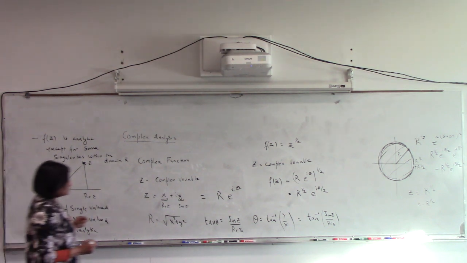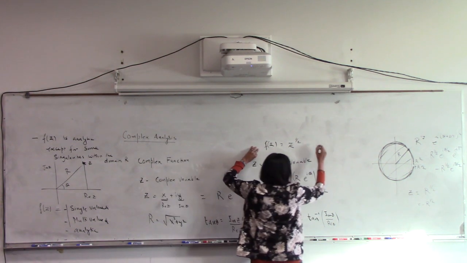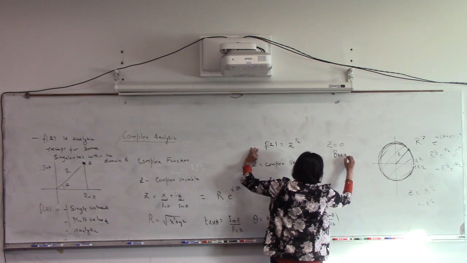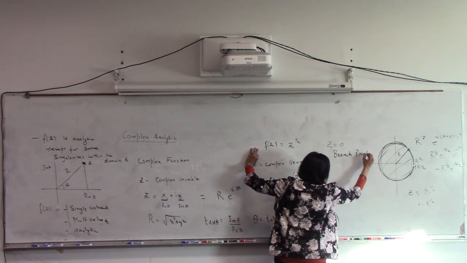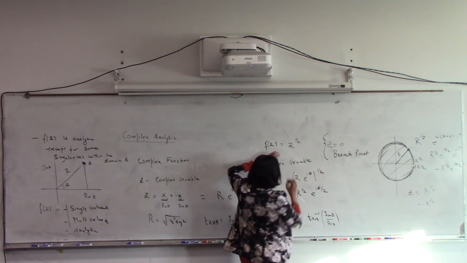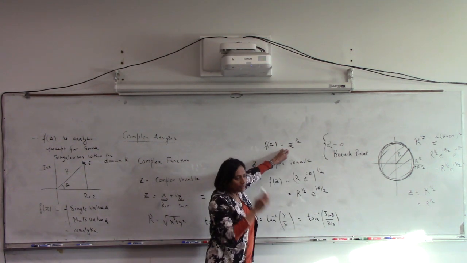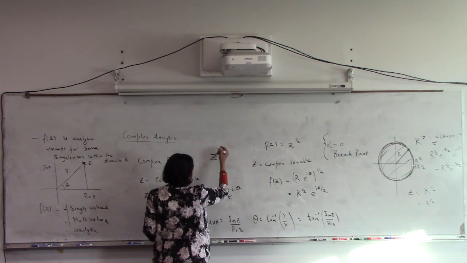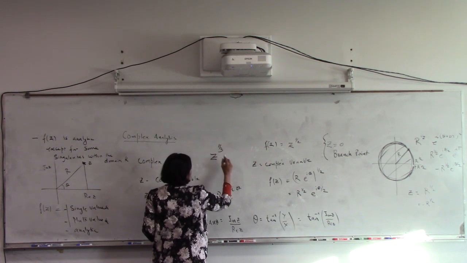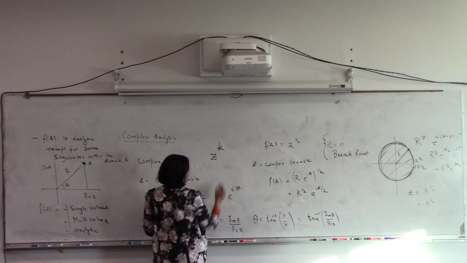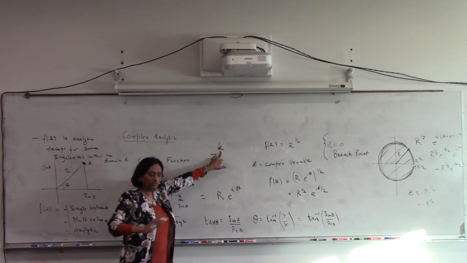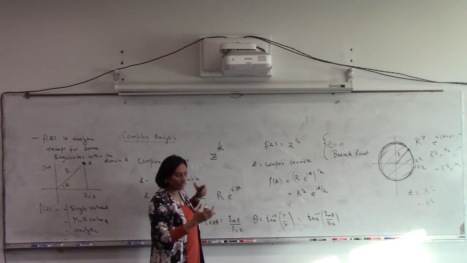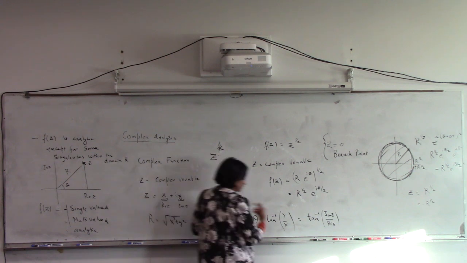So z equal to 0 is called the branch point of this function. For such a complex function, square root of z, or any z to the alpha, if it's not an integer power, all of them function like this. The degree of multi-valuedness may be different for each one of them, depending on how many times you have to go around.